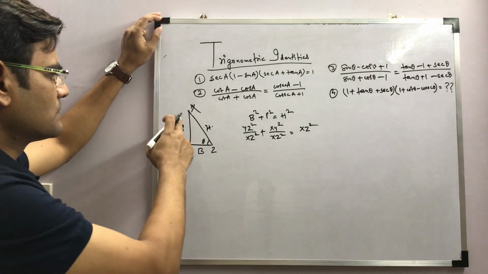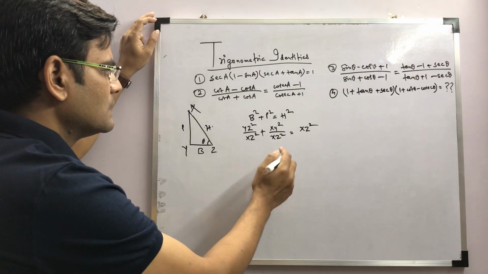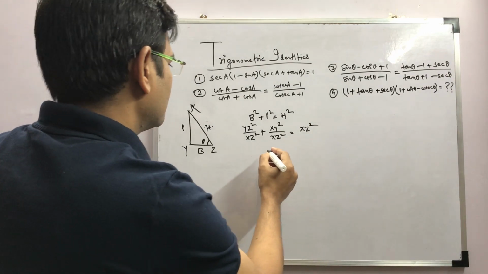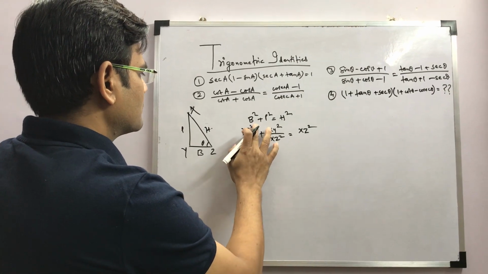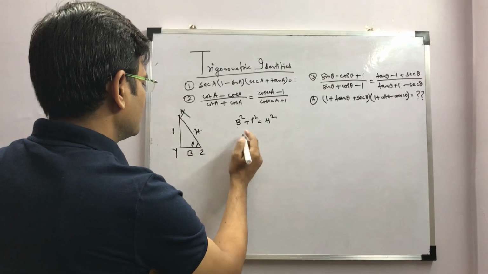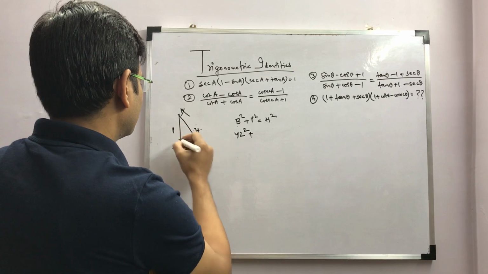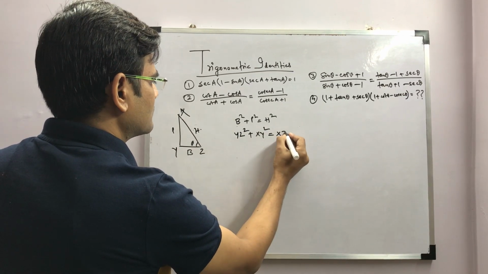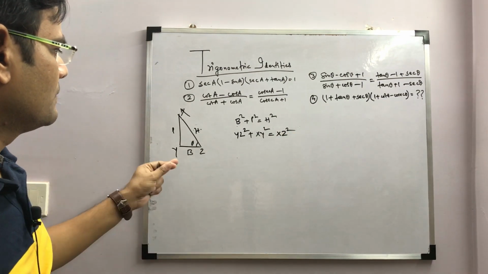Sine theta is XY by XZ. Base is simply YZ only, right? So YZ square plus XY square equals XZ square. Now, this is the equation in terms of the sides.